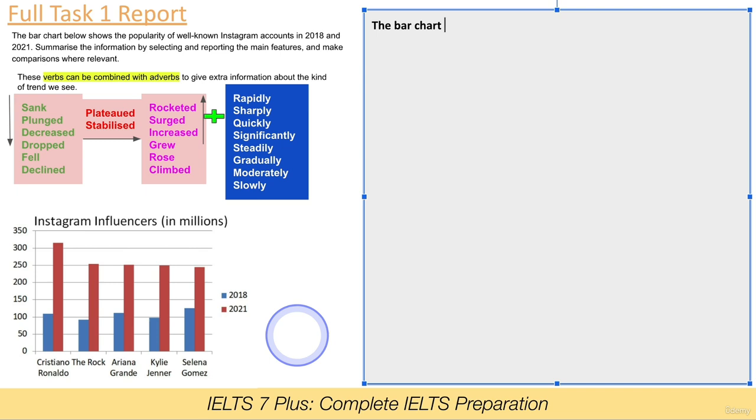The bar chart displays or provides information about, regarding, Instagram accounts and followers in both 2018 and 2021.